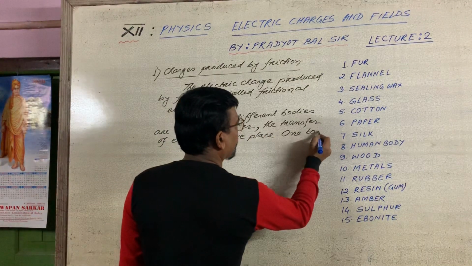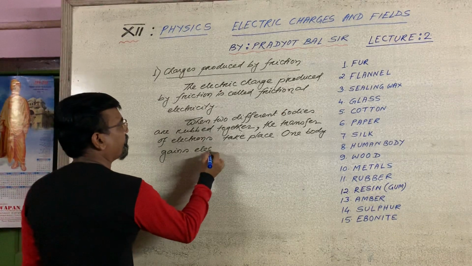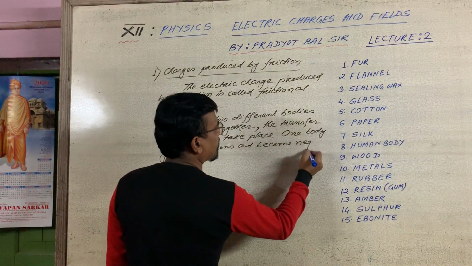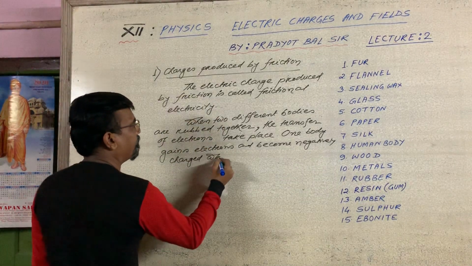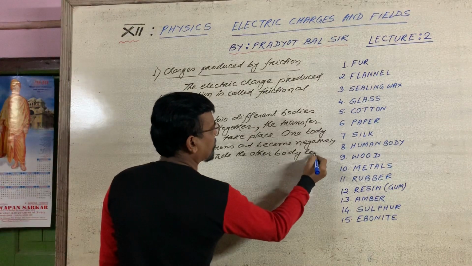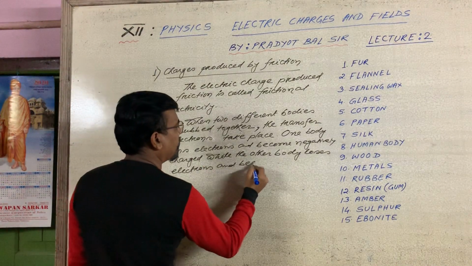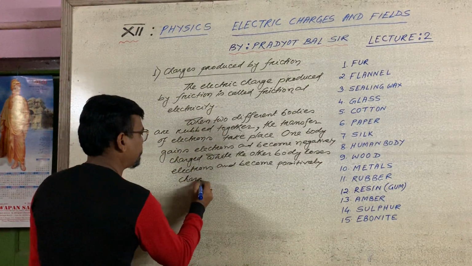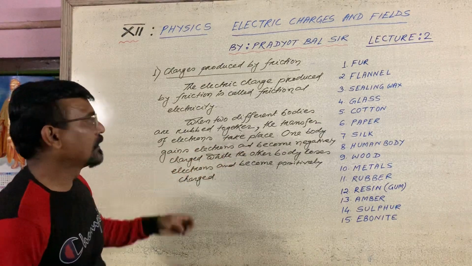One body gains electrons and becomes negatively charged, while the other body loses electrons and becomes positively charged. So one becomes negatively charged and the other positively charged.